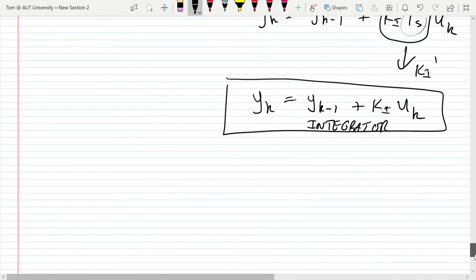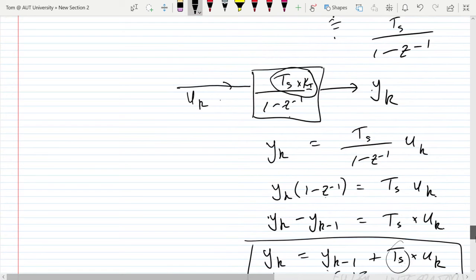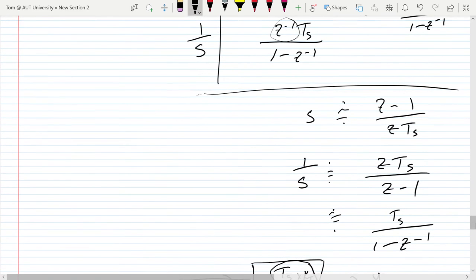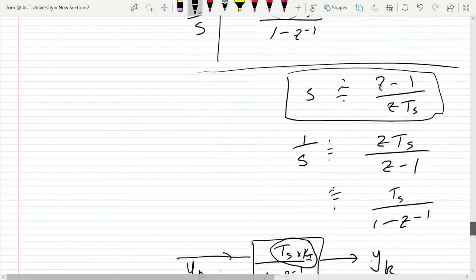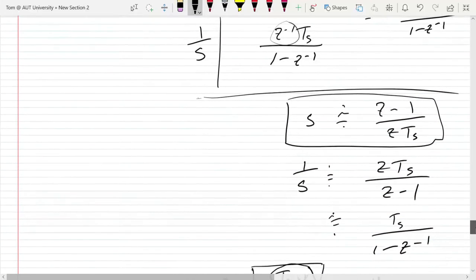So that's an integration. For a difference term, a differentiator, S, that sort of Euler differentiation, you can again go back up and see that. It's the same one we're using again, (z minus 1) over zTS.